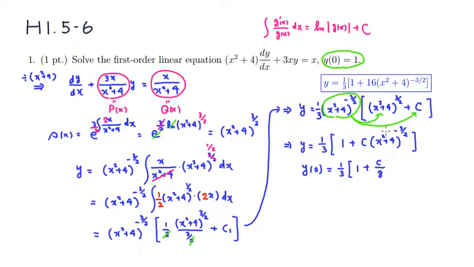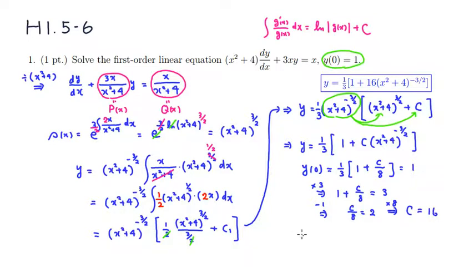This is going to be equal to 1. We can find c by first multiplying both sides by 3. So you have 1 plus c over 8 is equal to 3. Then subtract 1 from both sides: c over 8 is equal to 2. Then multiply through by 8: c is equal to 16.